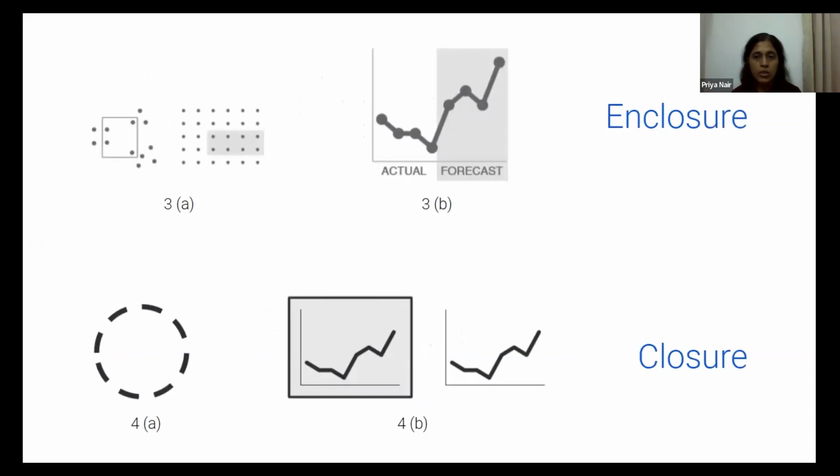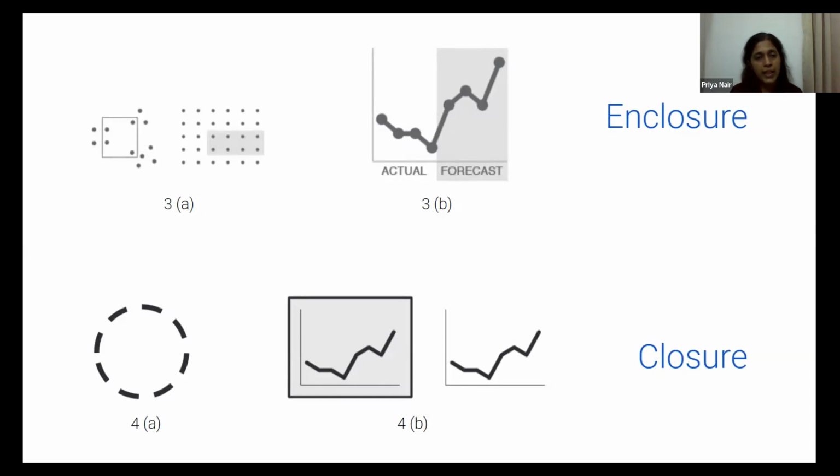Next is enclosure. In 3A, you will see there is an enclosure created for 3 different groups, including elements from 3 different groups. So this enclosure looks like these elements belong to a different group, right? That is the perception that you get when you look at that diagram. Similarly, in the next diagram, it is a background color.